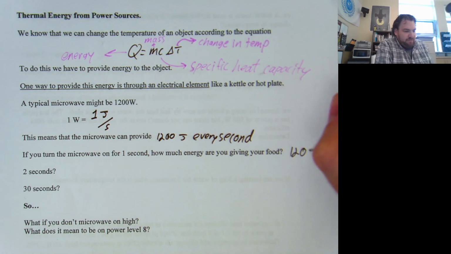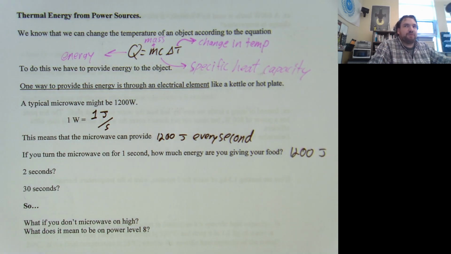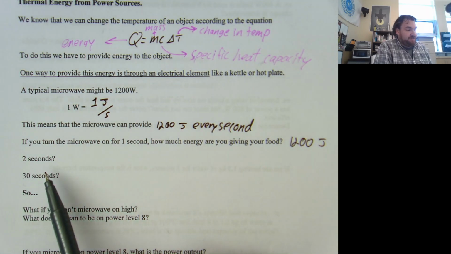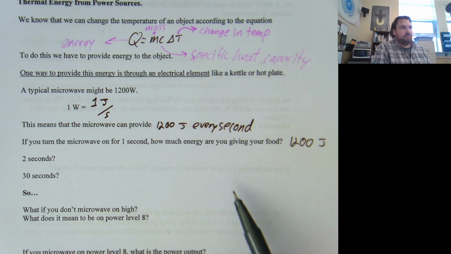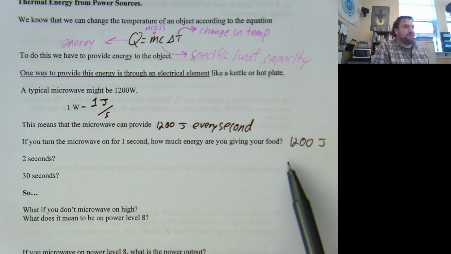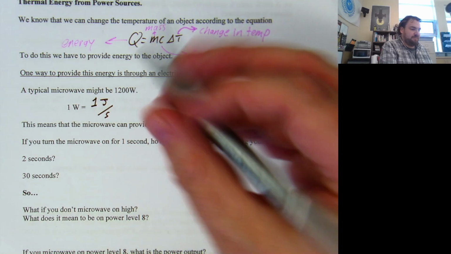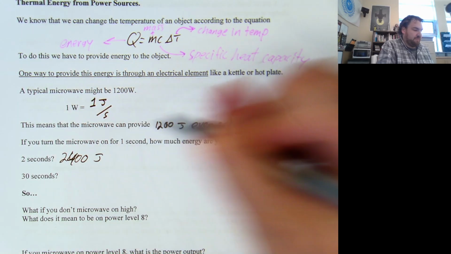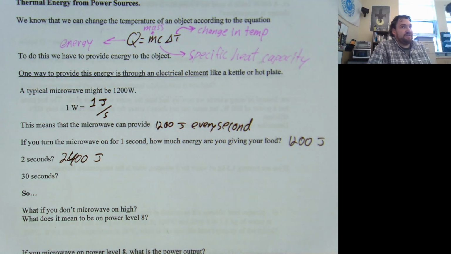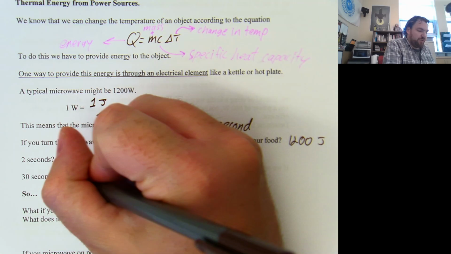It's 1200 joules per second. For 2 seconds, how much energy have you given your food? 1200 joules per second times 2 seconds, 2400. If you leave it on for 30 seconds, how much energy have you given your food? 36,000 joules.